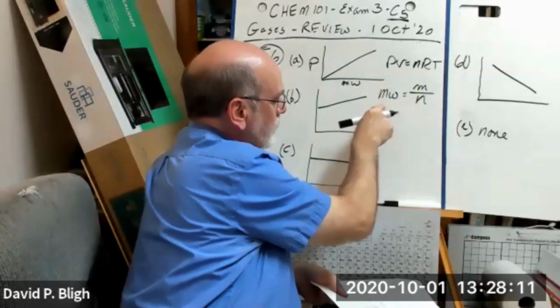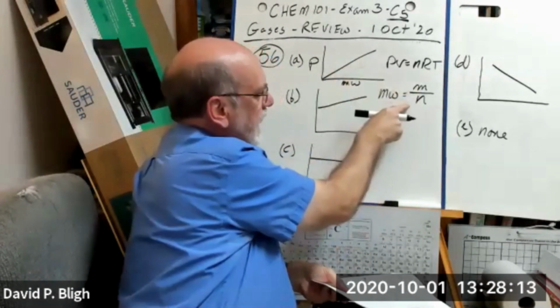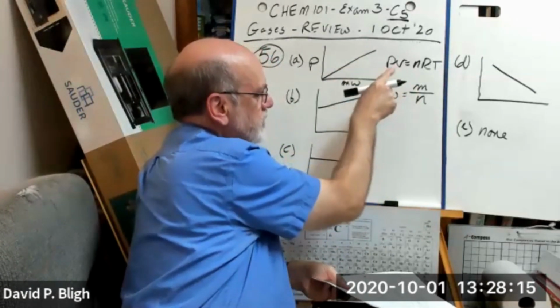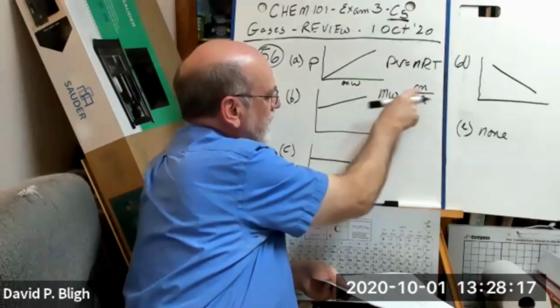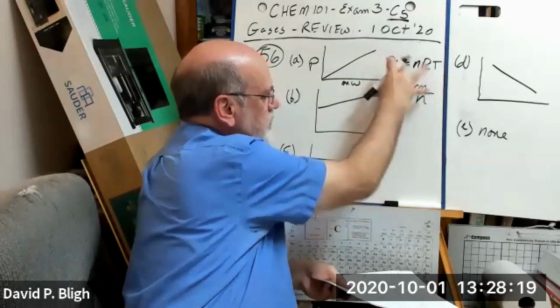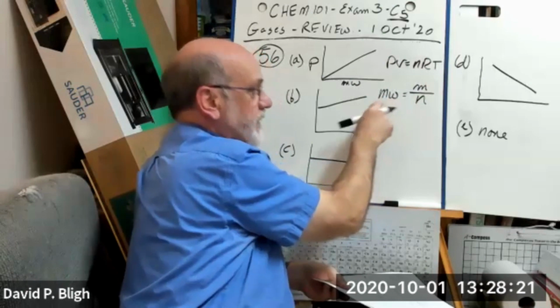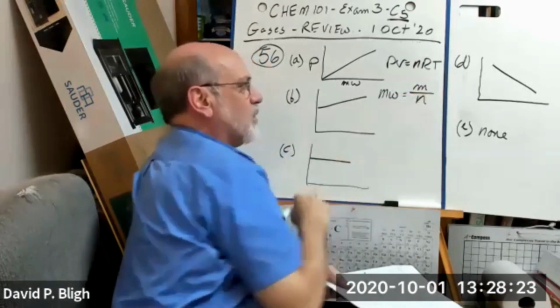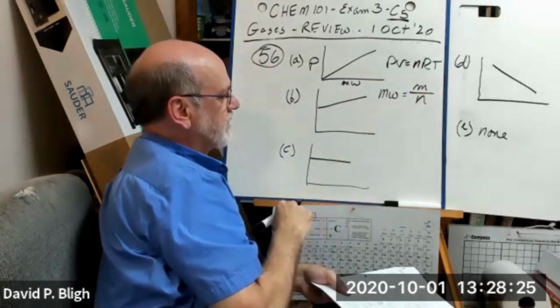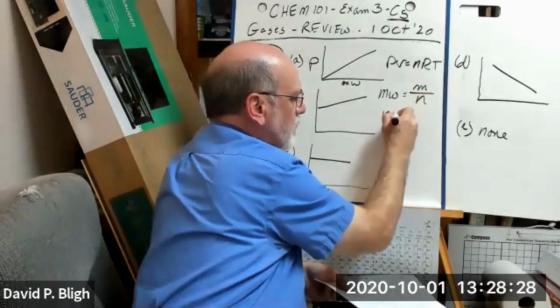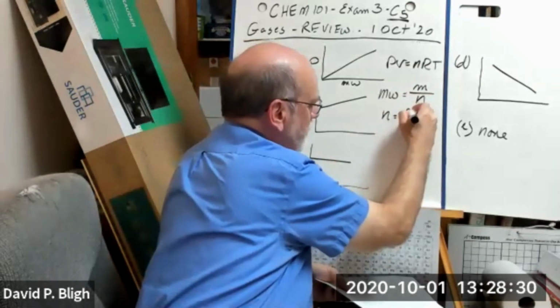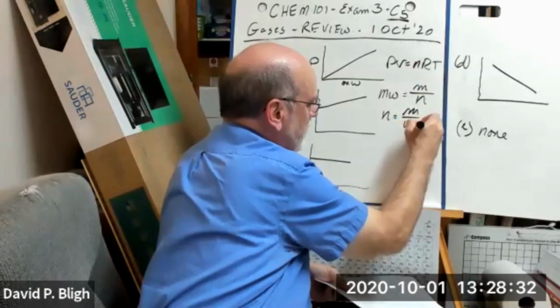So in order to put them both together and relate pressure and molecular weight, we could use these two equations, and they're related by the number of moles. Right? So if we solve for the number of moles, we have mass divided by molecular weight.